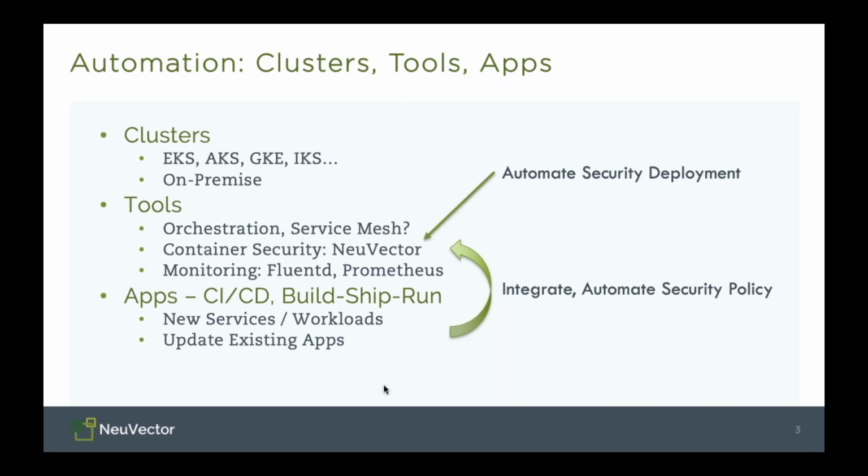So if we start with the clusters themselves, with the public cloud services, AWS, Azure, Google, IBM, all offer managed Kubernetes services, which make it very easy to automate the deployment of new clusters, managed clusters. But even if you're not using those public cloud services, you can automate the deployment of a new cluster for your on-premise deployment as well.